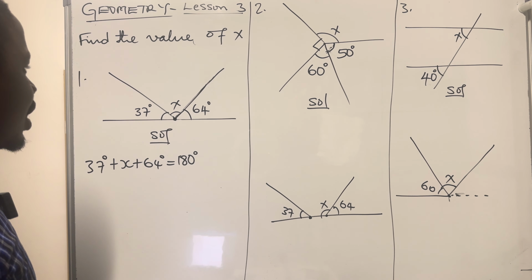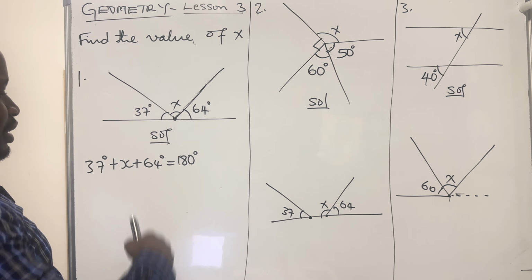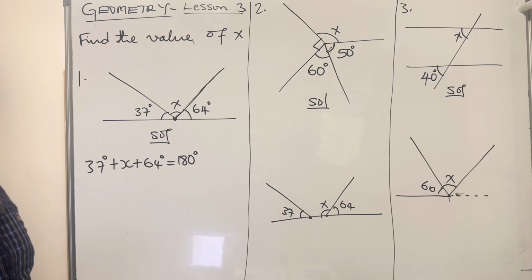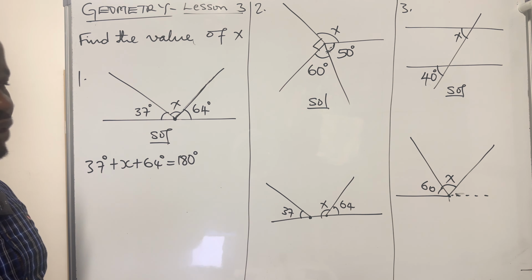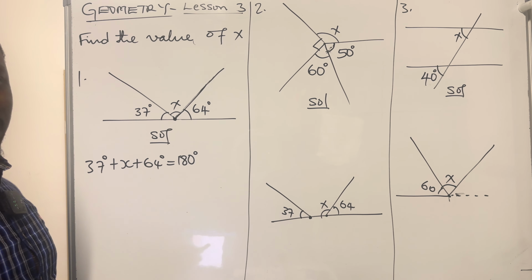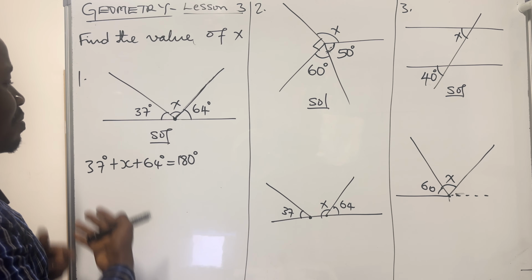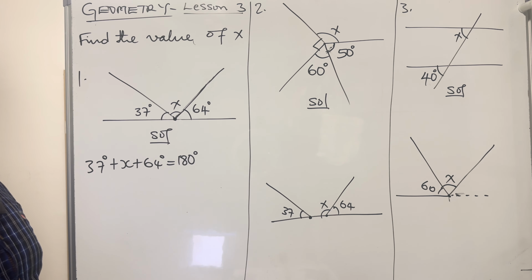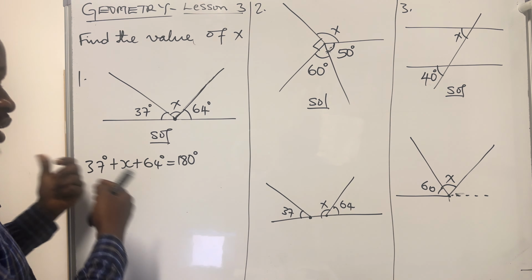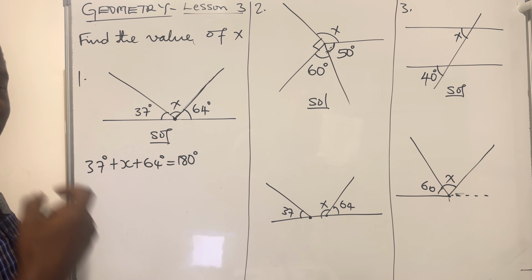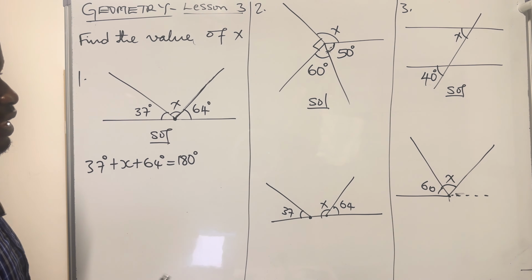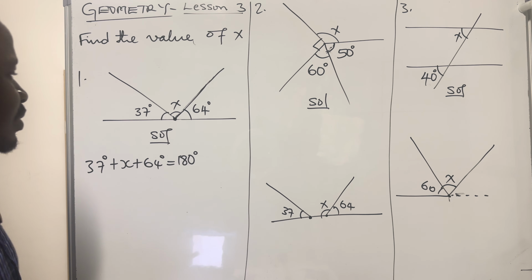Why? Because not only do adjacent angles on a straight line sum up to 180 degrees, we also have more theorems where we say angles sum up to 180 degrees. So if you don't write the theorem, it could be interpreted as another theorem. That is why in geometry, we are always interested in the reason.